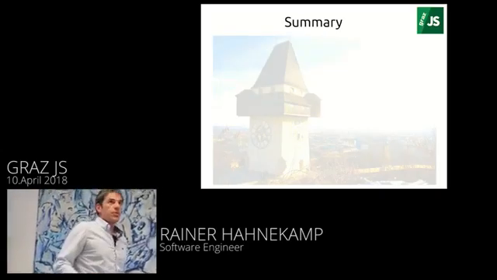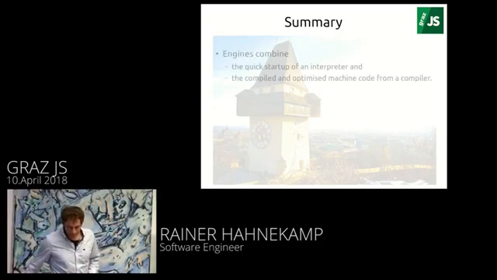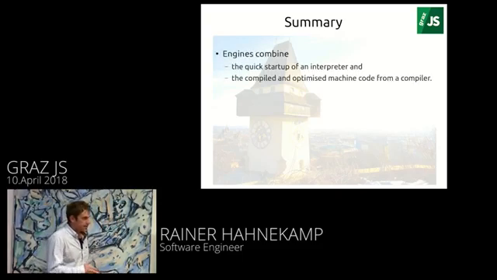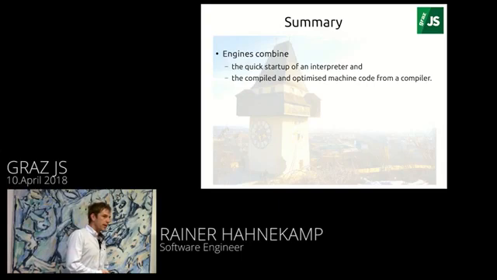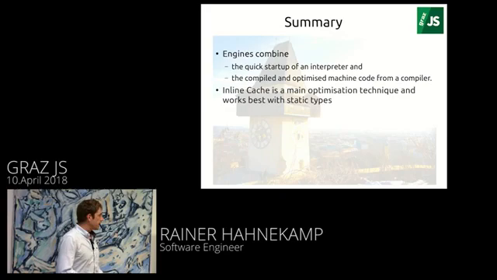Okay, so, summary, we are already at the end. As I have said, engines combine an interpreter and a compiler. The interpreter gives us the fast application startup, and the compiler gives us the fast execution of the generated machine code.